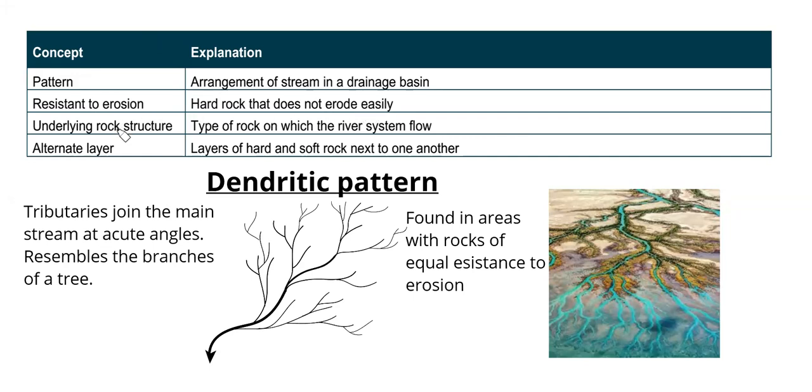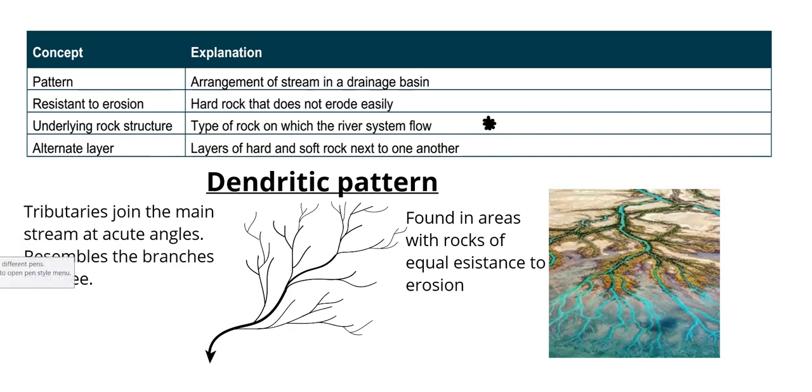Okay, then underlying rock structures: the type of rocks on which the river stream flows. This also affects the pattern in the drainage basin. So this is very important. You need to understand the underlying rock of the streams.